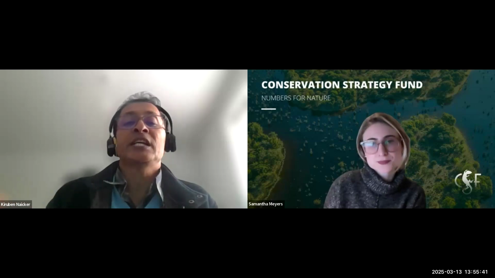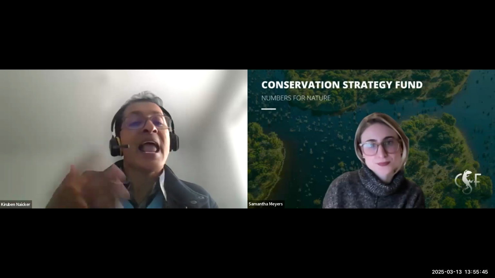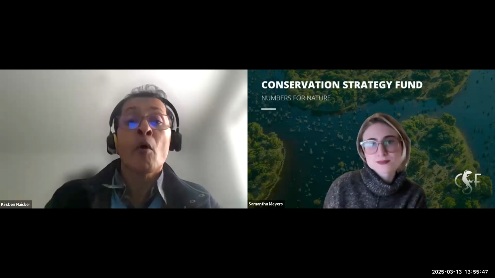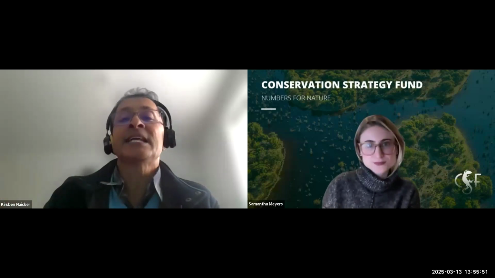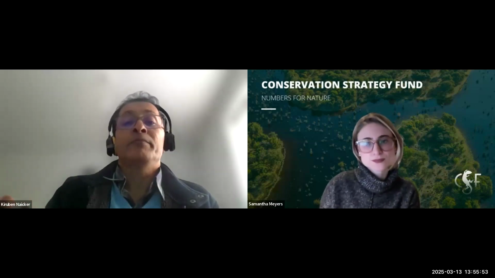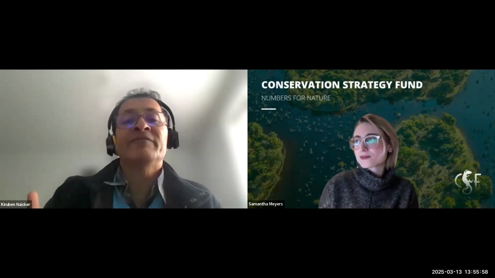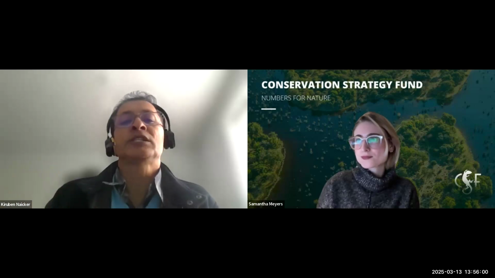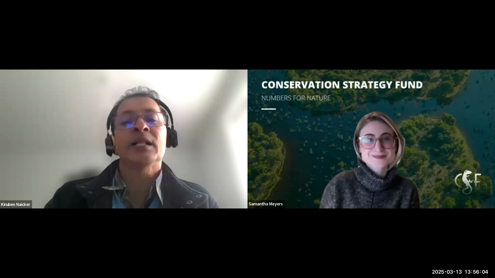And government can actually look at the co-benefits between climate and biodiversity. And more, the climate agenda is advancing to such an extent that it would be a misfortune for biodiversity if we didn't explore those co-benefits for biodiversity finance as well.